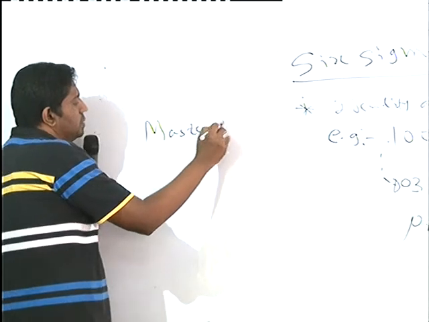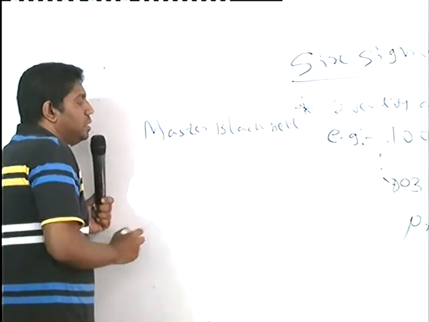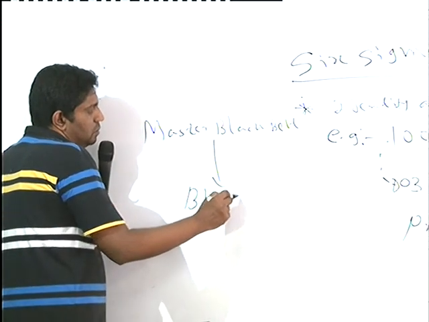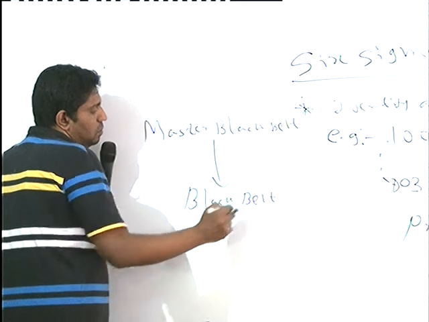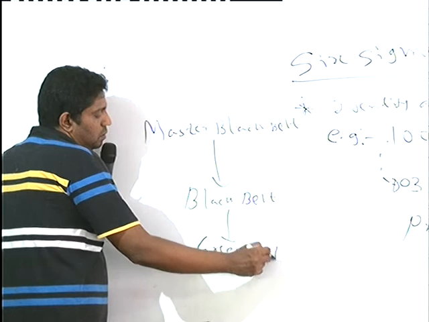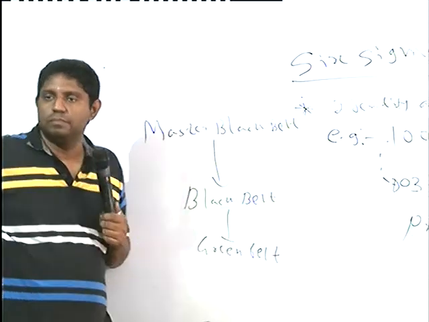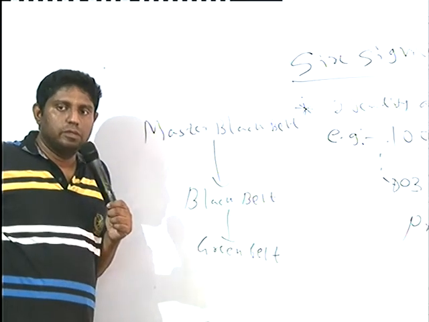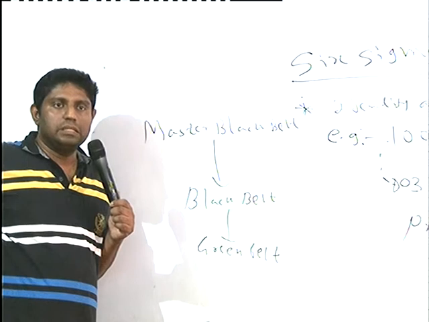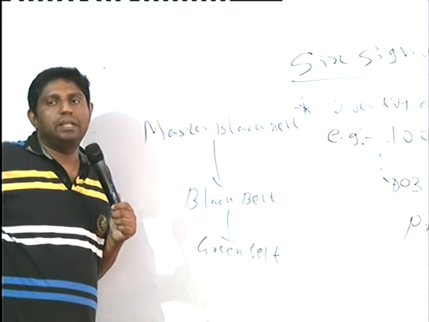Master black belt, black belt, then green belt. It can consist of 3 types of members: master black belt, black belt, and green belt.